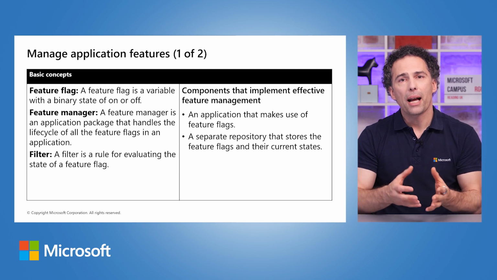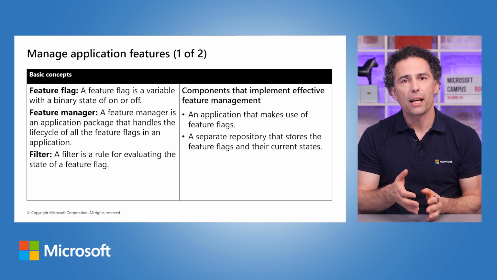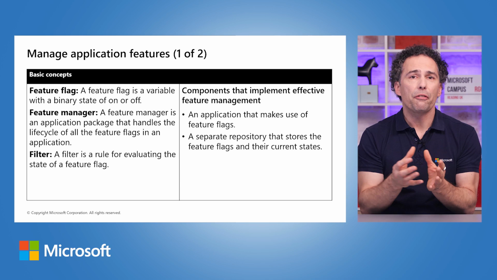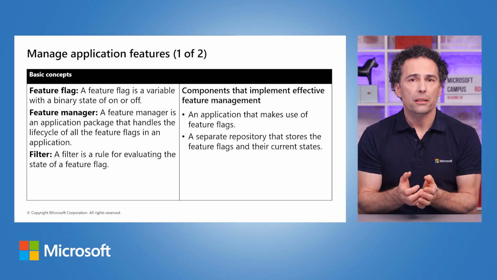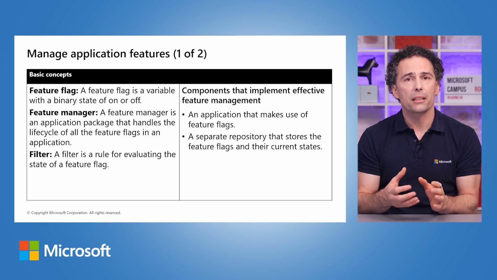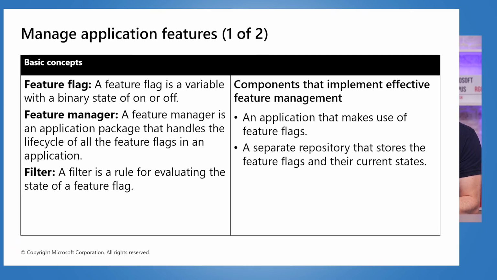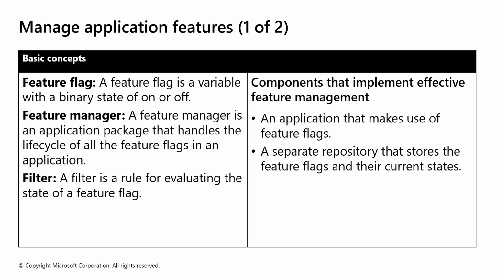An application package that manages all the feature flags in an application is a feature manager. The feature manager also does other things, such as storing feature flags and changing their states. A rule that decides the state of a feature flag is a filter. Some possible filters are user groups, device or browser types, geographic locations, and a time window.